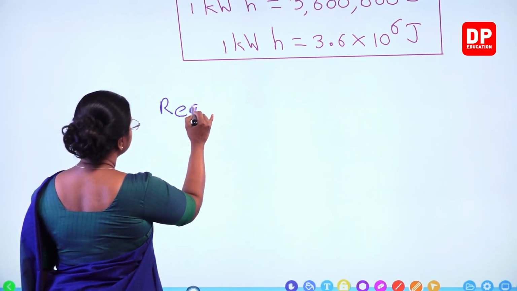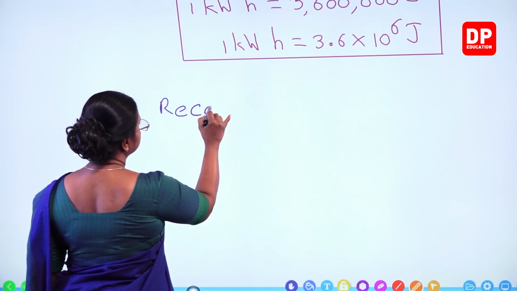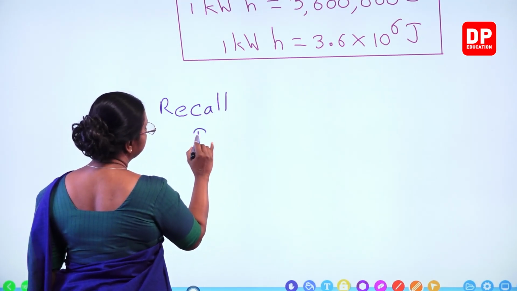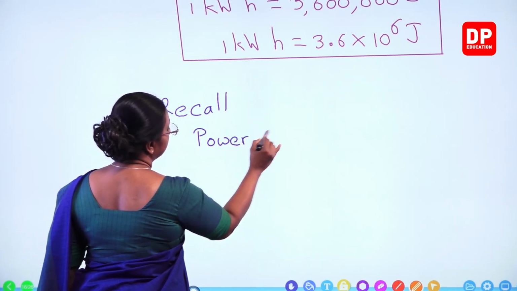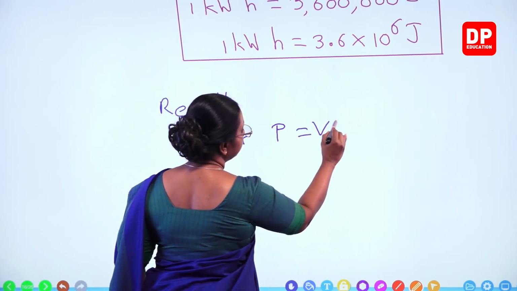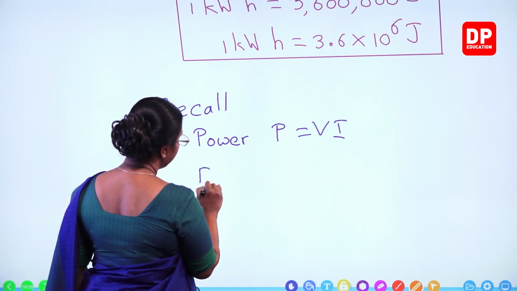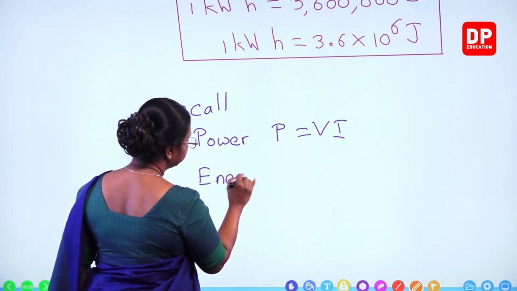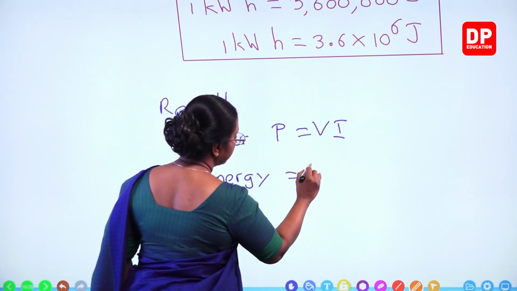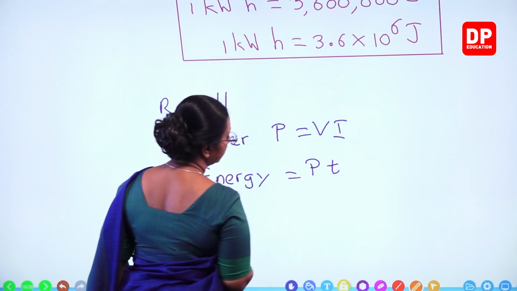Recall what we learned before. Now you can remember power P equals VI. This is one equation. Then we had energy equals power into time.